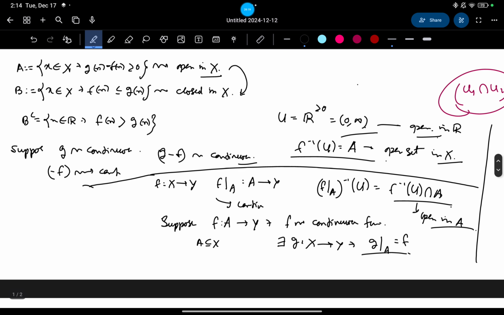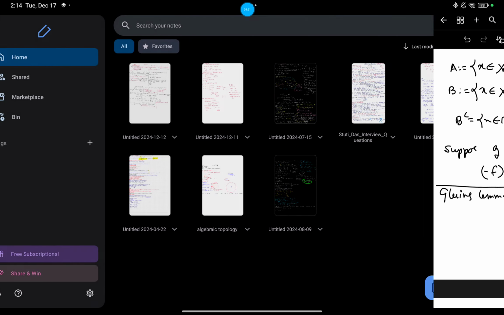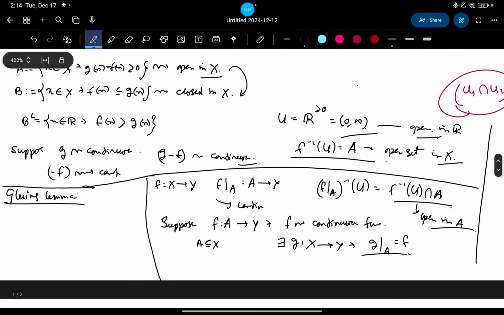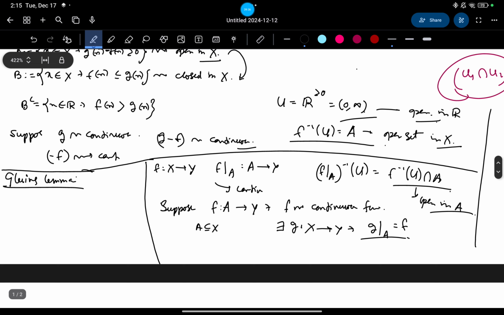So in general there is something called the gluing lemma. The gluing lemma says that suppose we have f1 a mapping from X1 to Y and f2 a mapping from X2 to Y, and suppose f1 restricted to X1 intersection X2 is the same as f2 restricted to X1 intersection X2.